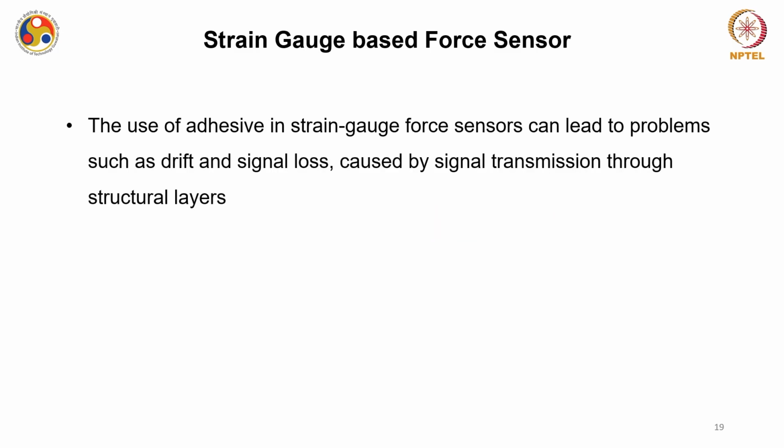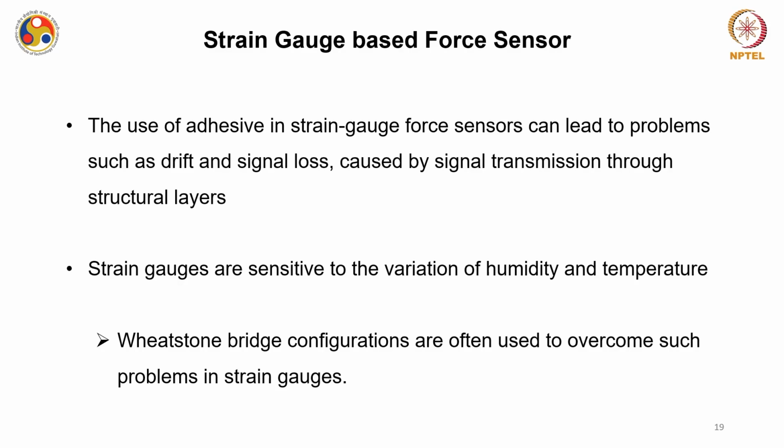The use of adhesive in strain gauge force sensors can lead to problems, for example drift and sometimes even signal loss if the adhesion is gone. This is caused by signal transmission through the structured layer. Strain gauges are sensitive to variation of humidity and temperature in the surroundings.